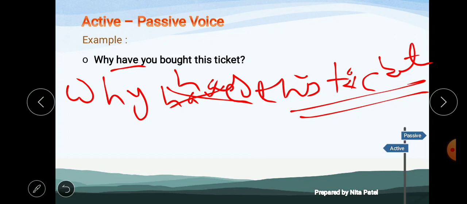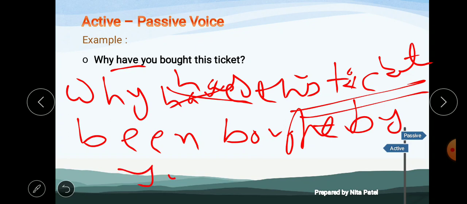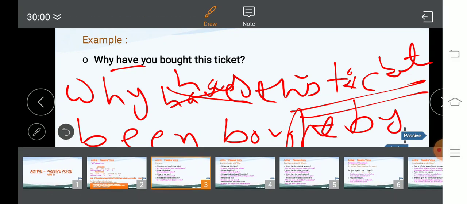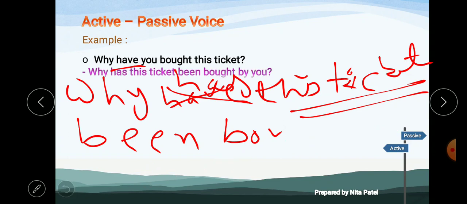Now any to be form of any perfect tense, that is "been", right? So we'll put been, then our main verb into V3 form. Why has this ticket been bought by you? Question mark. Let's see the answer.